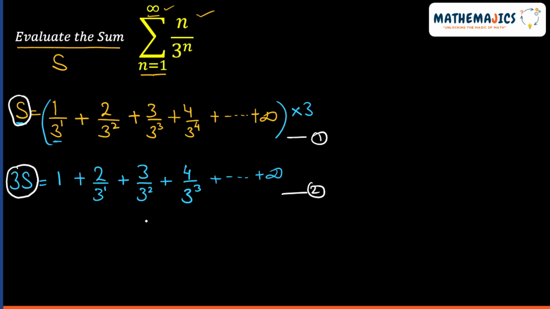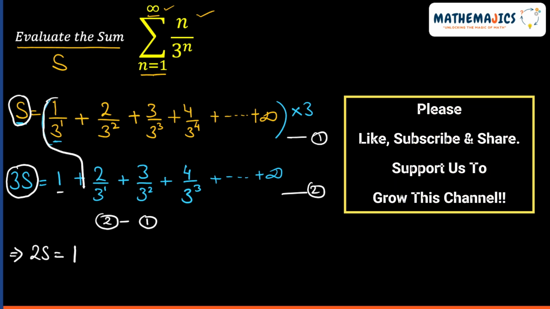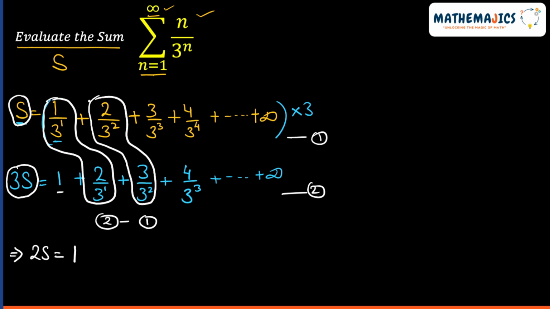Now, if I subtract the first equation from the second equation, what will I get? 3s minus s will give me 2s. On the right hand side, I will write this one as it is. But now I will be subtracting this term from this term, because here the denominator is the same. Similarly, I will subtract this term from this term because the denominator is the same.